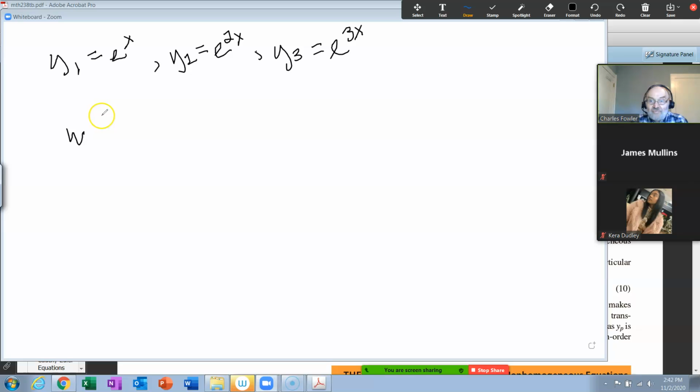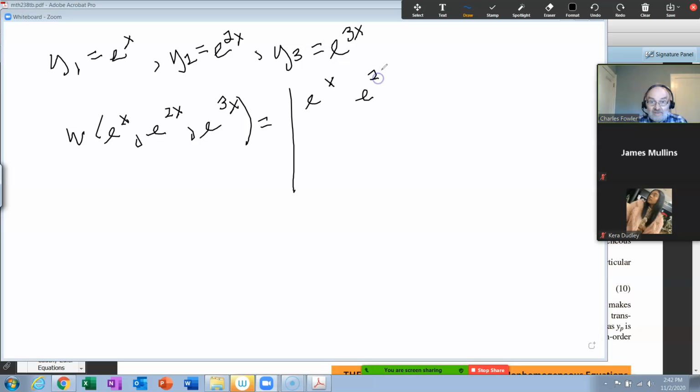The Wronskian for these three functions, e to the x, e to the 2x, and e to the 3x. And what is the Wronskian? The determinant of those three functions, e to the x, e to the 2x, and e to the 3x on the first row.